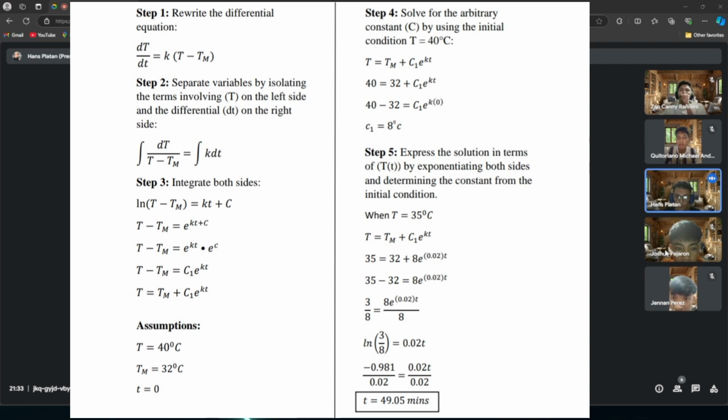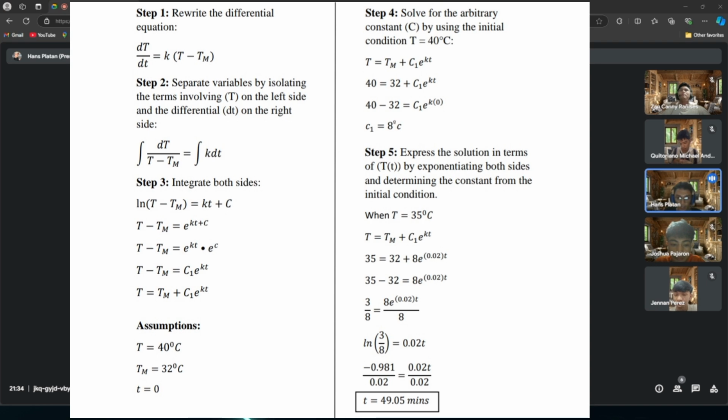Then step 5, express the solution in terms of T of t by exponentiating both sides and determining the constant from the initial condition. So our new temperature will be 35 degrees. So same equation, we will use T equals Tm plus C1 e raised to kt, where t is unknown. So substitute the values of their corresponding variables.